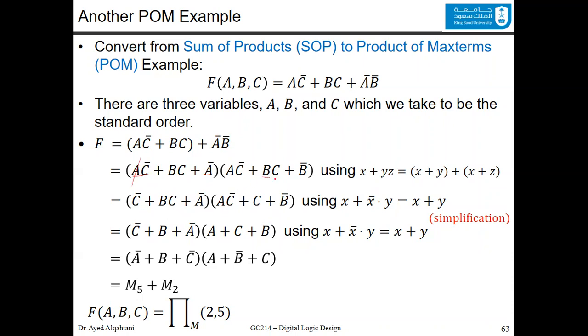Similarly here, you have this with b bar, and you can cross the b. So we apply the simplification, and you are getting closer to the product of max terms. You are getting closer to generate a max term here and a max term also here.